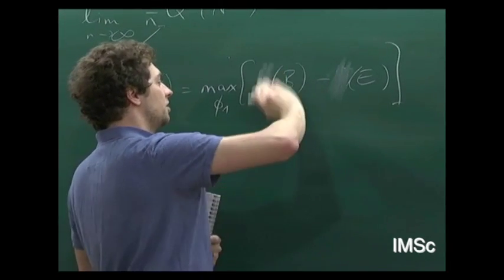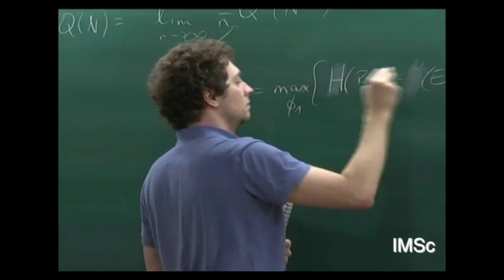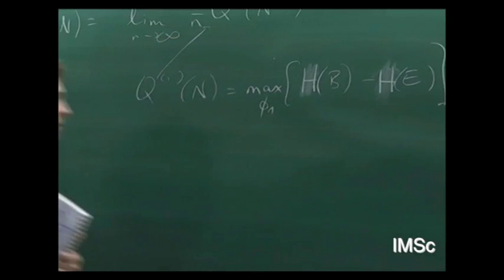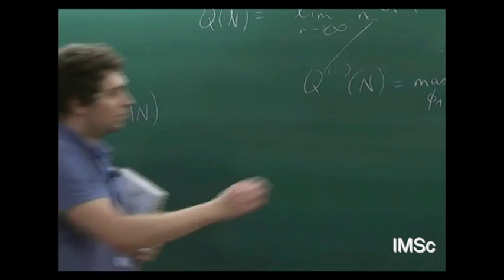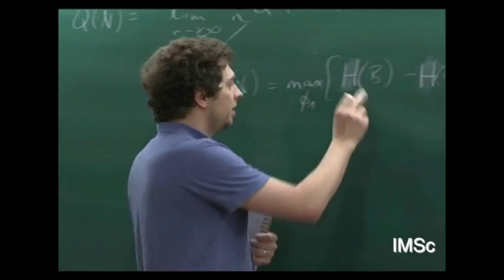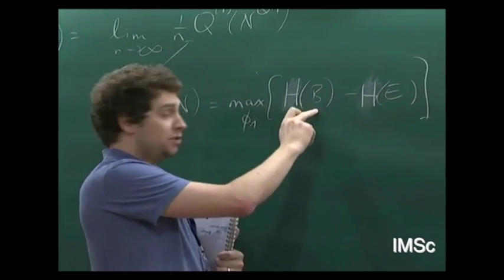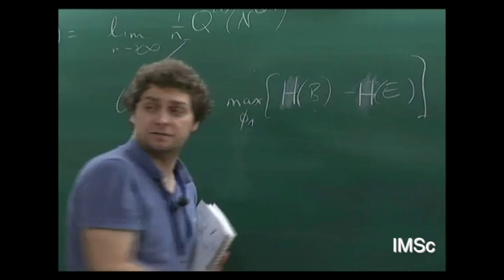Sorry, I should use H's rather than S's. Where this is now a mixed state input to your channel, and these are just the induced output at the channel and the output in the environment.